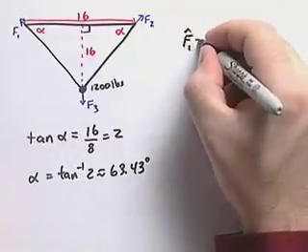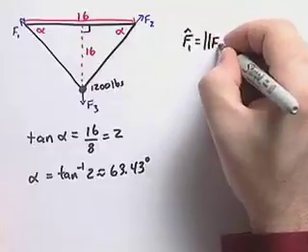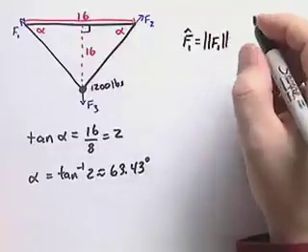Now that we've determined the angle alpha, we can go ahead and write down our force vectors. We want to write down our force vectors broken into their horizontal and vertical components.